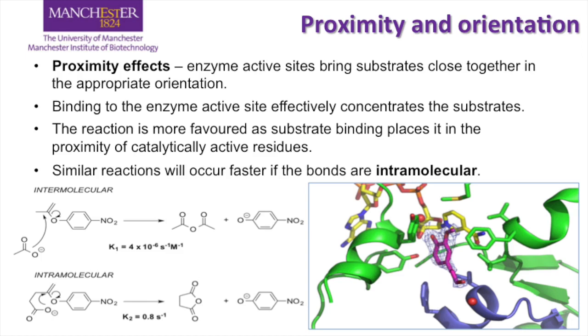In one case, the reaction is occurring across two small molecules, an intermolecular reaction, and on the bottom sequence you can see a similar reaction occurring in an intramolecular fashion, and we can see that the rate constants for the intramolecular process are indeed higher than for the intermolecular process, and this is a nice example of how co-location, if you like, of the reacting groups on an enzyme surface can indeed contribute to the overall rate enhancement achieved by the enzyme.